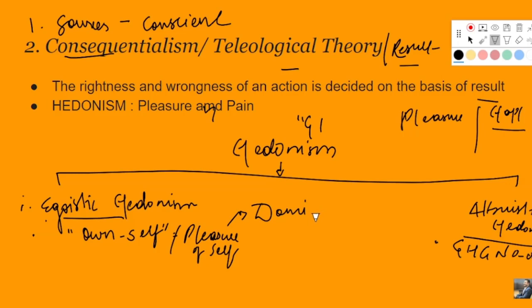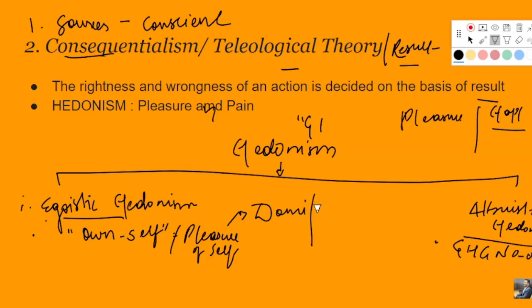And that is why several problems are resulting. We are seeing a war between Russia and Ukraine, right? Why? Because of the satiation of the interest of the self, that is, acquisition of a territory. So this is what is dominating in today's world.